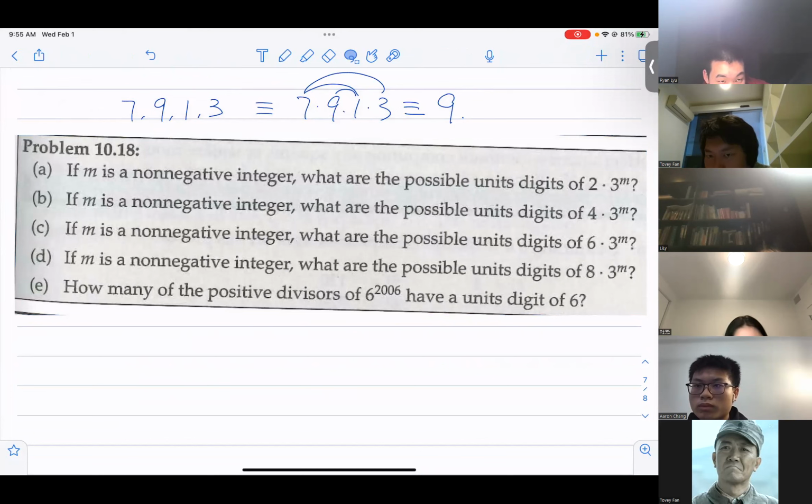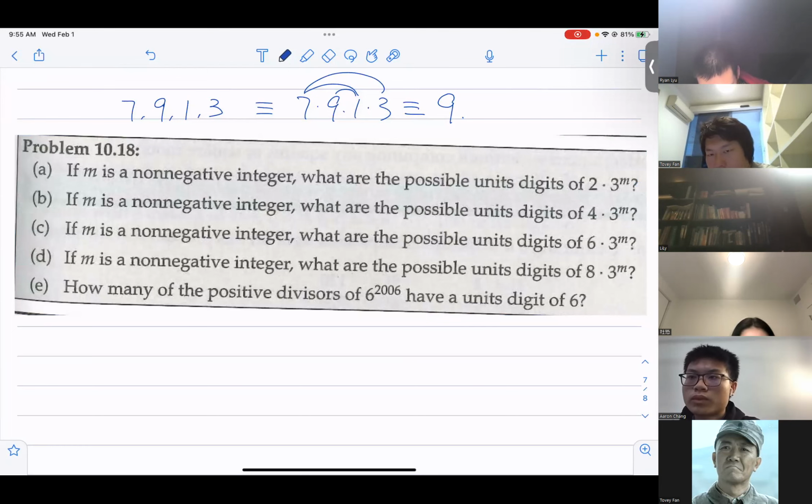Question A, if m is a non-negative integer, what are the possible unit digits of 2 times 3 to a positive power? What can we do? We explore, we try, right? Make sense? Throughout this section, you will see that we always try. I might have the answer for A. It's an even number, so I think the unit digit will have to be 2, 4, 6, 8 or 0.